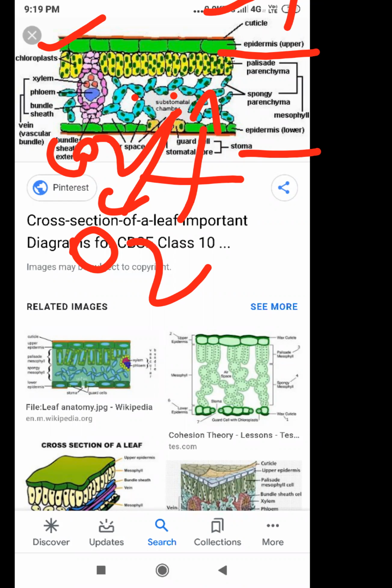We can see the xylem and phloem in the veins. So veins are responsible for the transport of water and food to all parts of the plant. This is about the internal structure of the leaf.